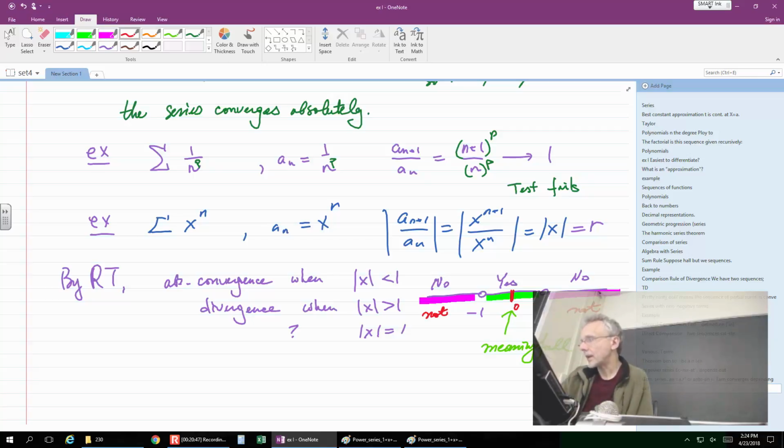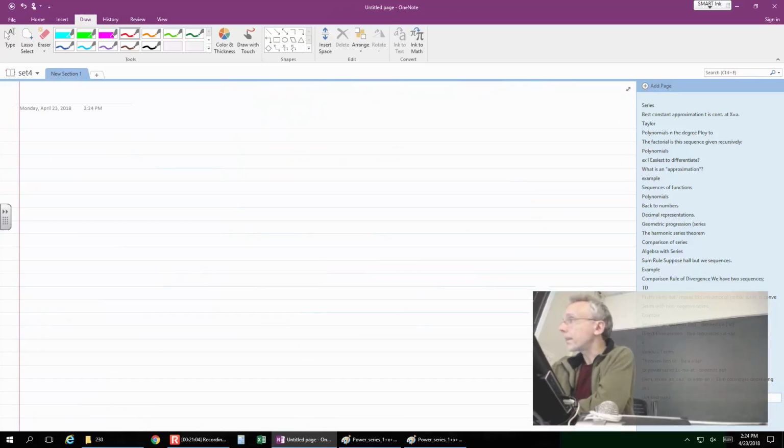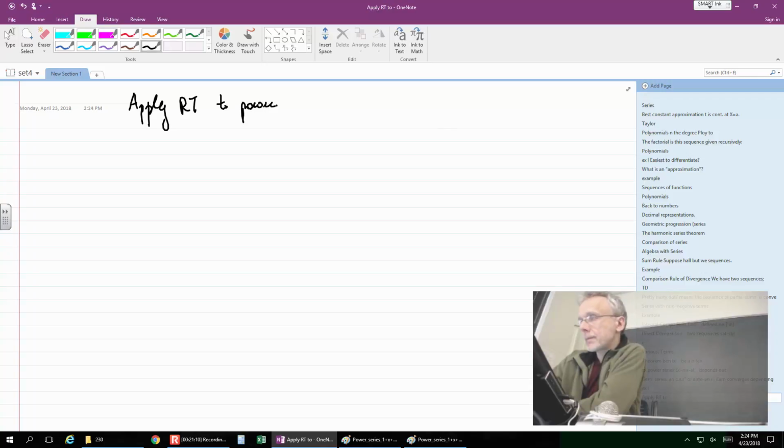But that just doesn't belong here, so let's just state the theorem: the corollary from the ratio test, how it is applied to power series. Apply the ratio test to a power series.